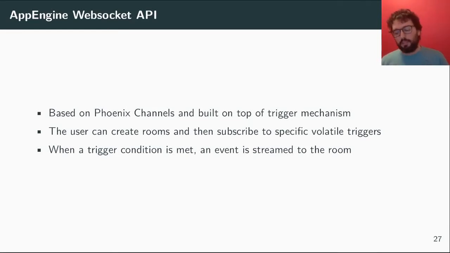I'm interested in receiving the data for the temperature interface for that specific device, or the humidity interface for another specific device, only if it's more than 60% humidity, etc. And you listen to that room. It's a pub/sub. So when a trigger condition is met, an event is streamed to the room. You can have a room with multiple triggers that receive live updates, and you can use that to build applications which show real-time updates coming from the device.